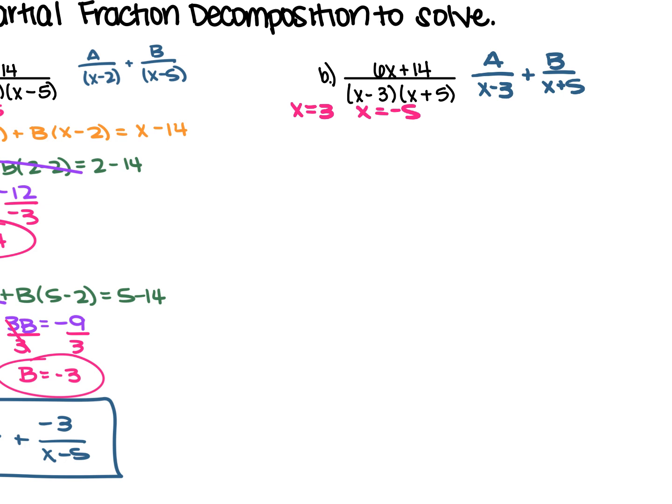That gives you a times x plus 5 plus b times x minus 3 is equal to 6x plus 14.